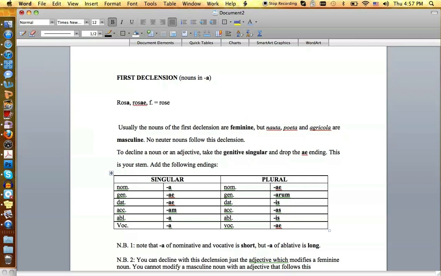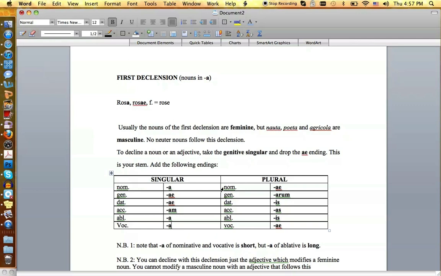For example, I see a rose. Ablative is used for everything else, as we said. So by the rose, with the rose, from the rose. It depends on the context. Vocative is when I call it, for example, oh rose, and I say rosa.